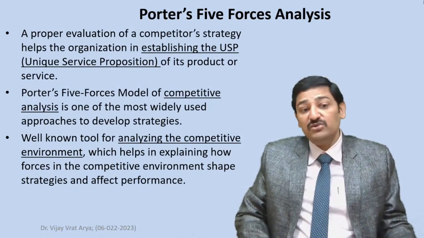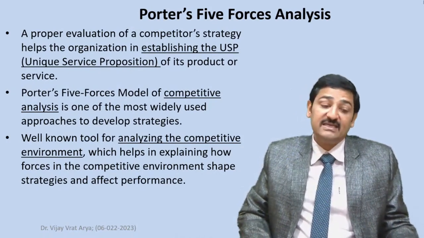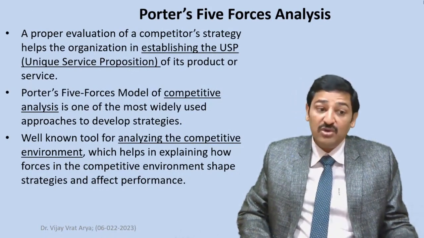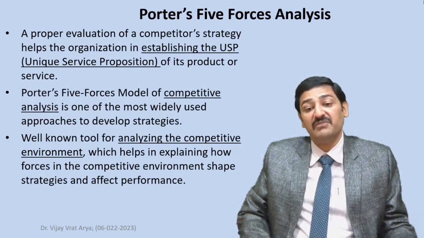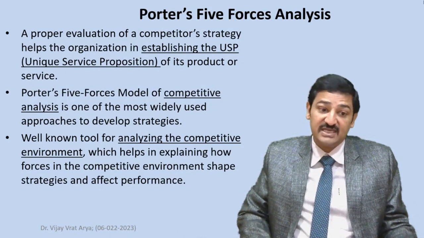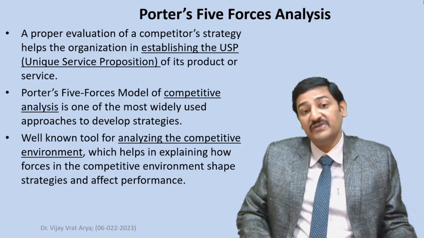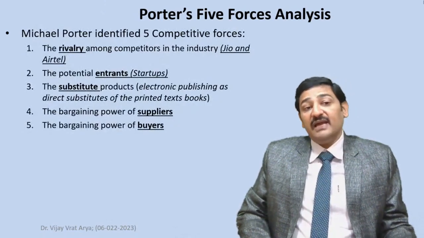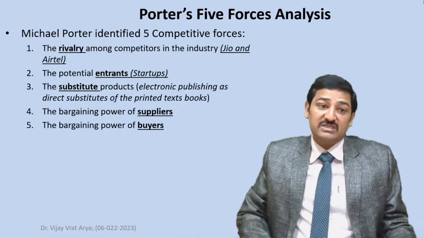It is a well-known tool for analyzing the competitive environment that helps in explaining how forces in the competitive environment shape strategies and affect the performance of the firm. Michael Porter primarily identified five competitive forces.